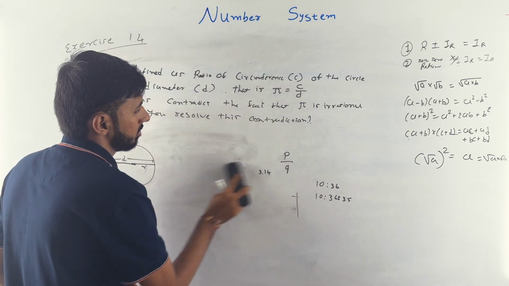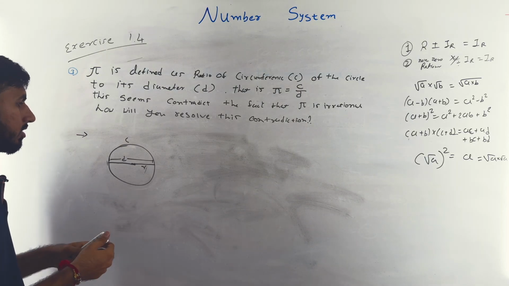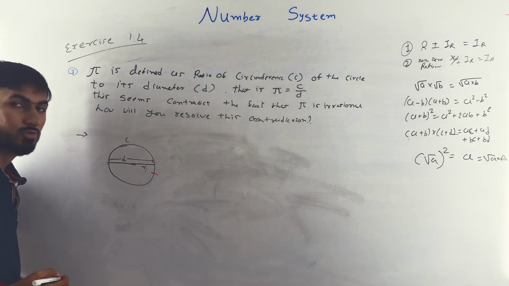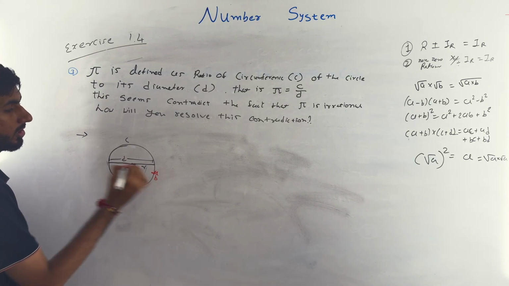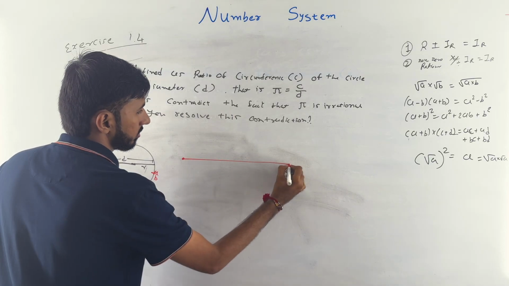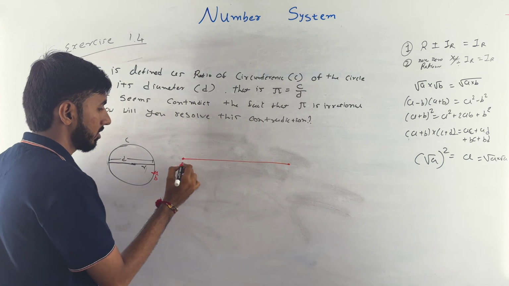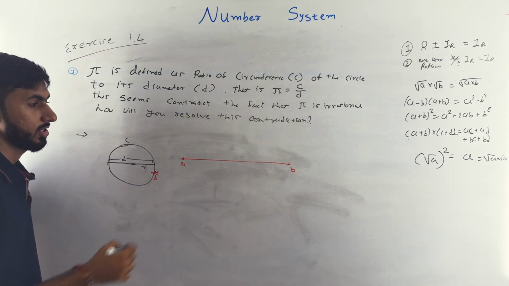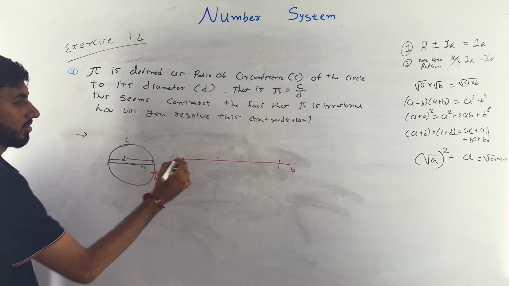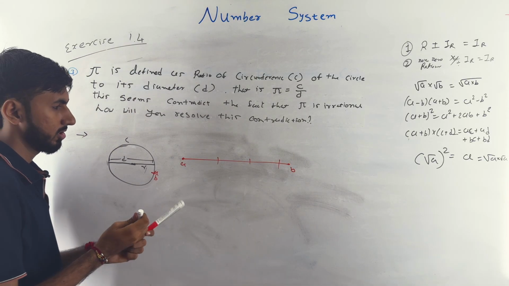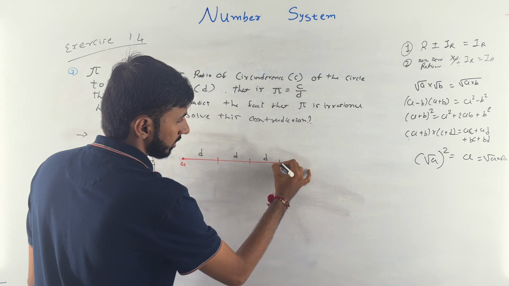And there is one more concept that you should learn. If I cut this circle from here, let me say a point here is A and a point here is B, and I put a string from point A to point B, I can cut the circle in exactly 3 parts, each of length D, D and D. Now we have this part remaining.